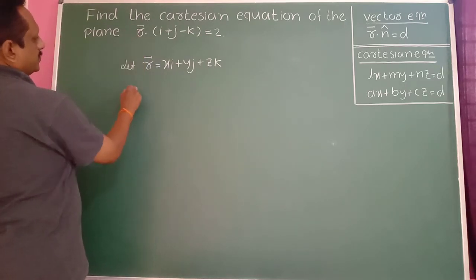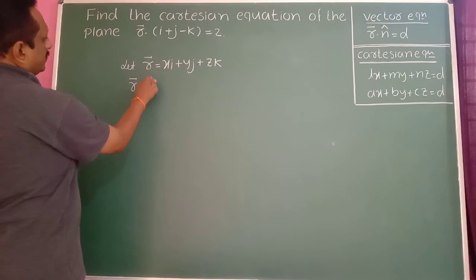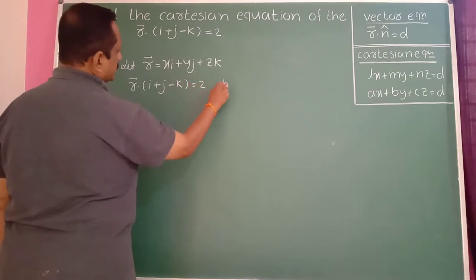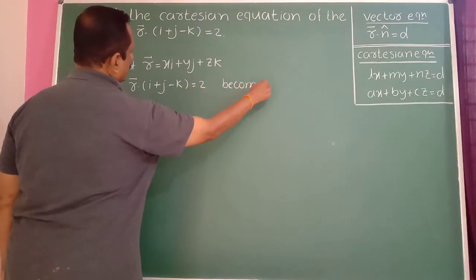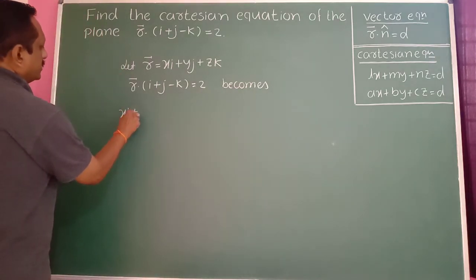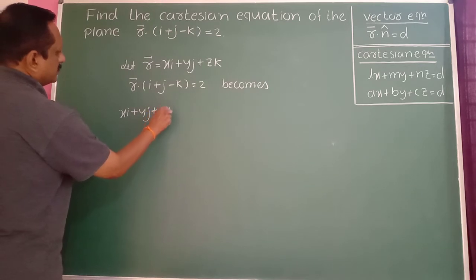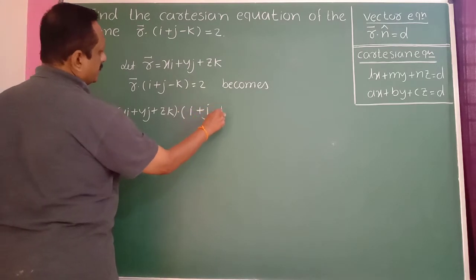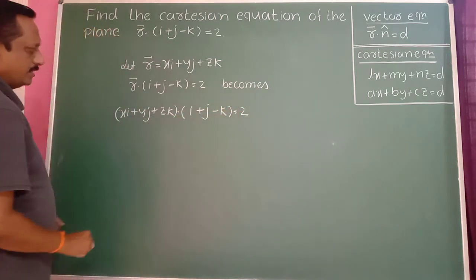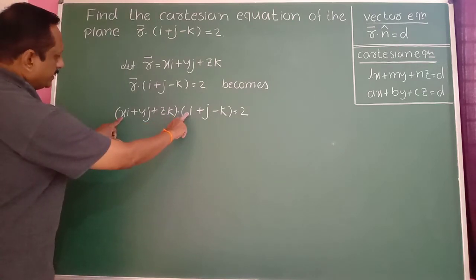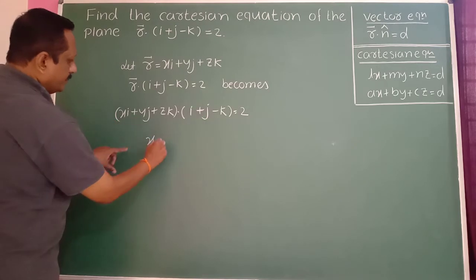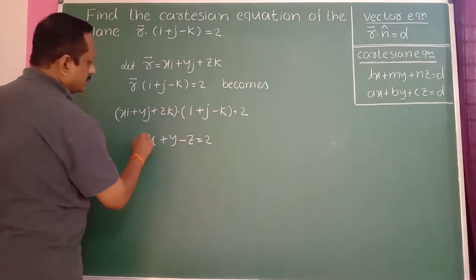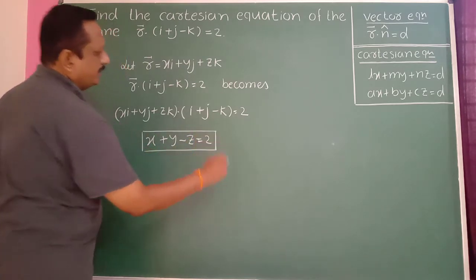Using this equation, r bar dot of i + j - k is equal to 2 becomes (xi + yj + zk) dot (i + j - k) is equal to 2. Here the dot product is there, so 1 into x becomes x, 1 into y becomes y, minus 1 into z is minus z, equal to 2. So this is the equation of the plane in Cartesian form.